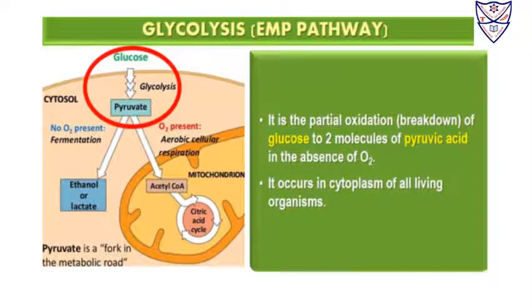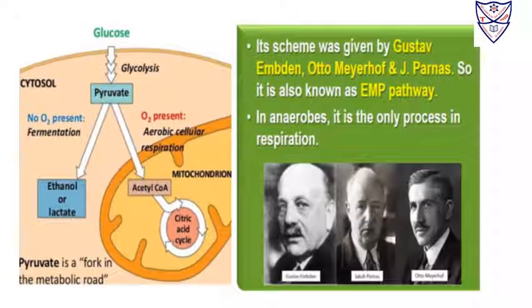Now let us study the glycolysis pathway. Glycolysis is basically the breakdown of glucose to pyruvate, right? So here there is partial oxidation of glucose to two molecules of pyruvic acid in the absence of oxygen. This is also called the EMP pathway based on the names of its founders, and it occurs in the cytoplasm of all living cells.